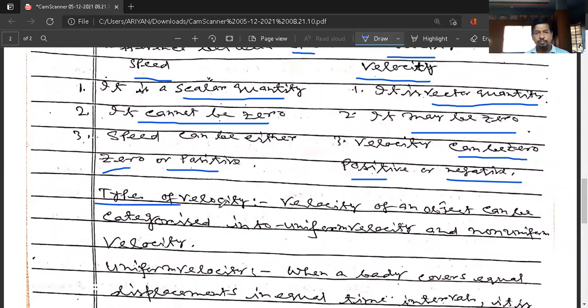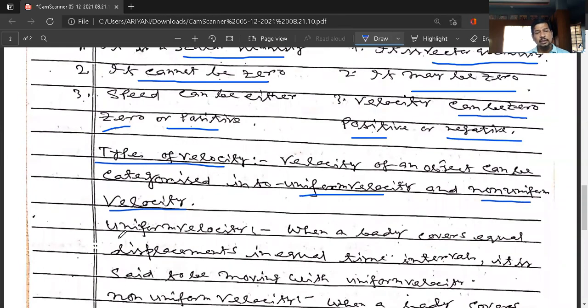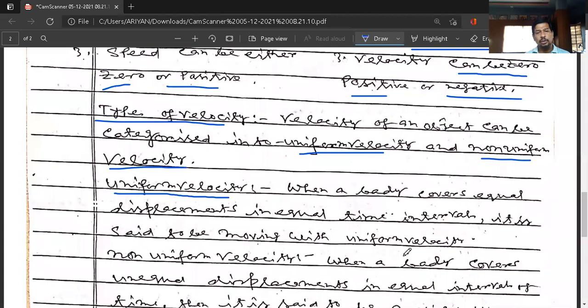Types of velocity. Velocity का कितना टाइप है देखो. Velocity of an object can be categorized into uniform velocity and non-uniform velocity. Uniform velocity: when a body covers equal displacement in equal interval of time, it is said to be moving with uniform velocity.